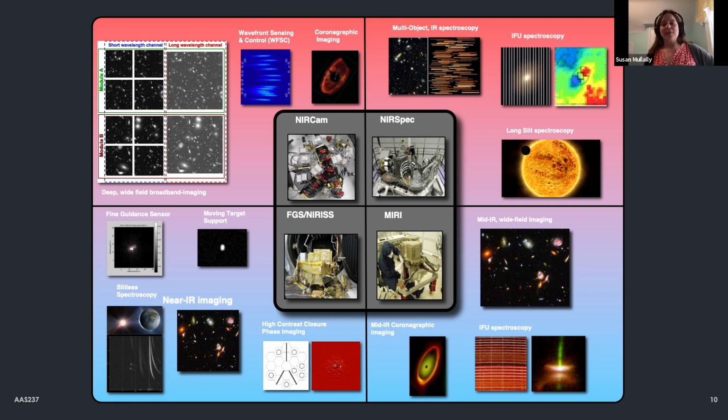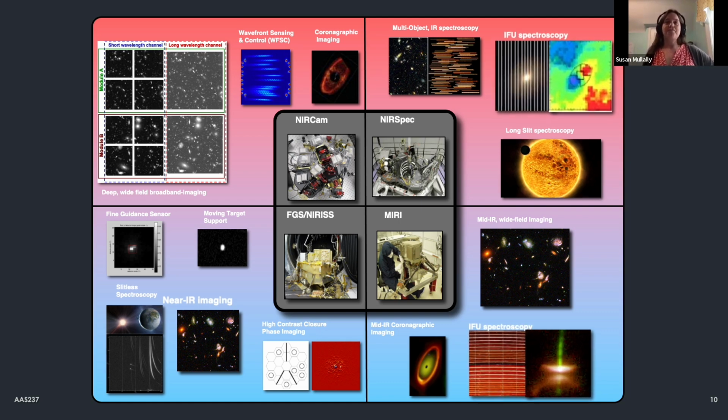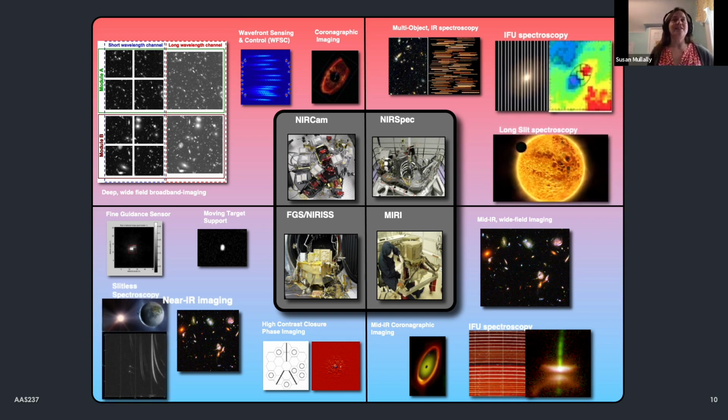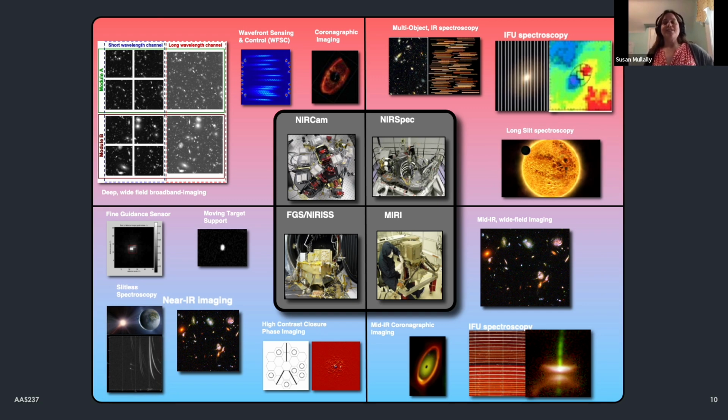If you want to get spectra across a galaxy to study its kinematics or its structure, you can use the IFUs on MIRI and NIRSpec. And there's also long-slit and slitless spectroscopy on NIRSpec, NIRISS, and MIRI, and you can use these in a time series mode, which people are planning to use to study the atmospheres of some exoplanets.